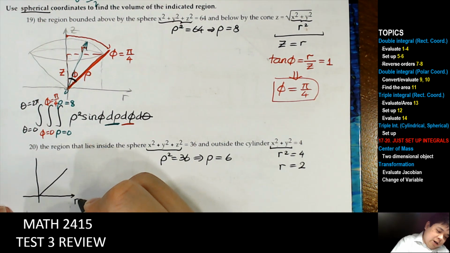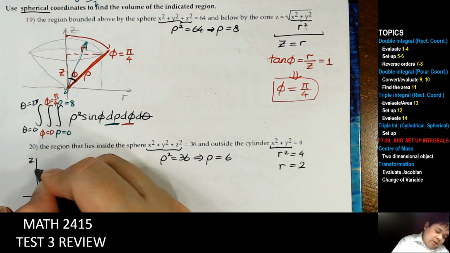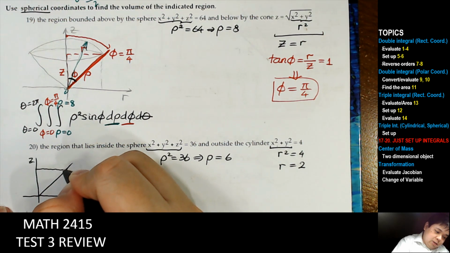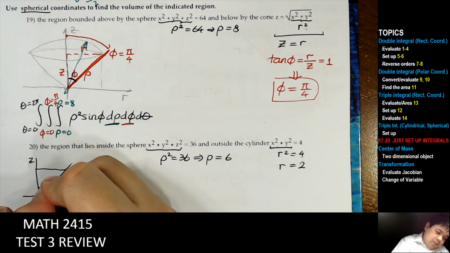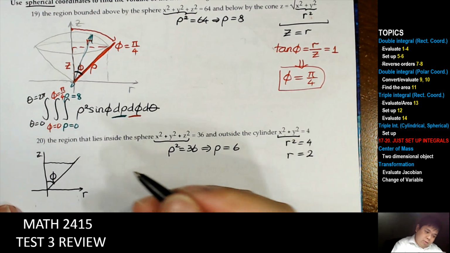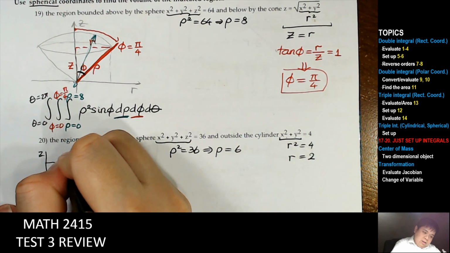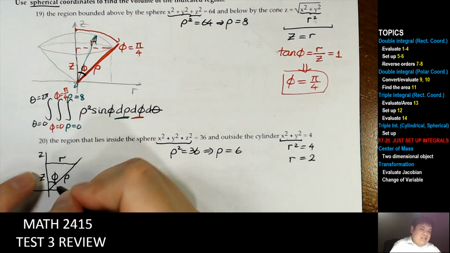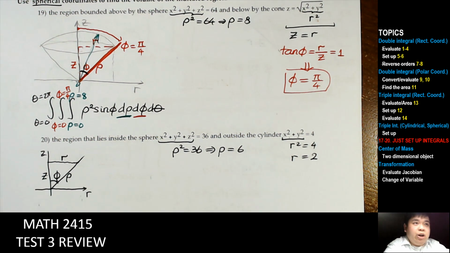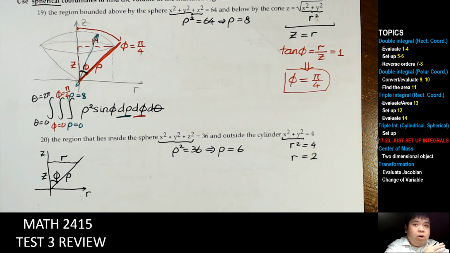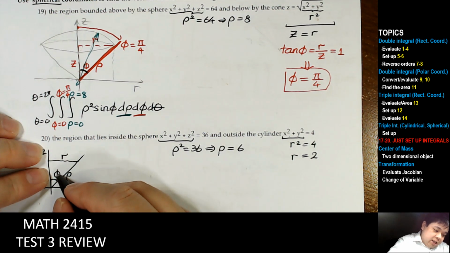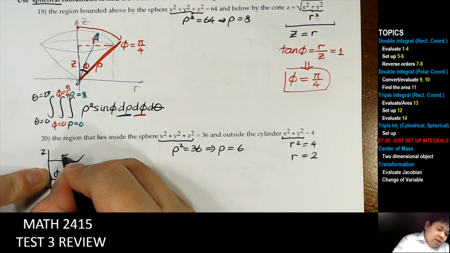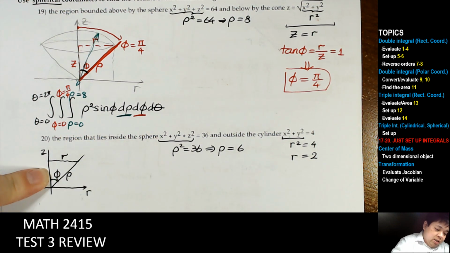Again, in the r and z coordinate, r and z and rho. Again, z is not in the spherical coordinate either. We only have rho, theta and phi. So we have to write this opposite. r is opposite, rho is hypotenuse.